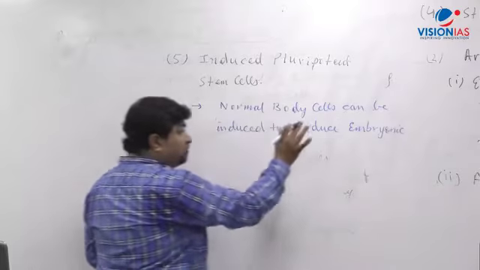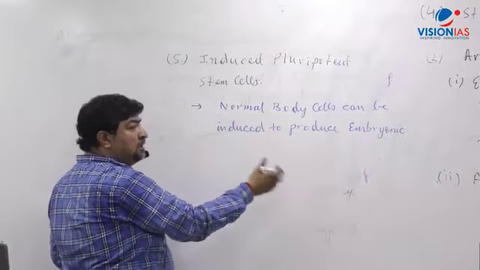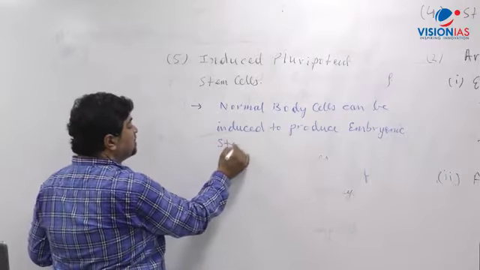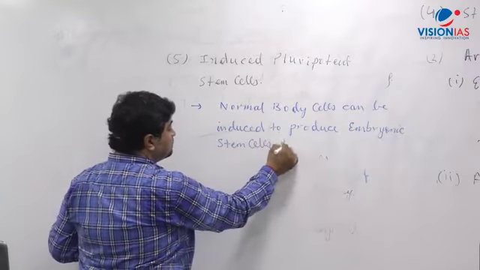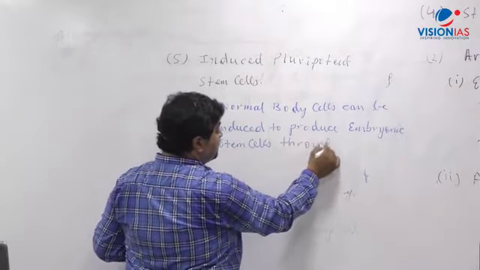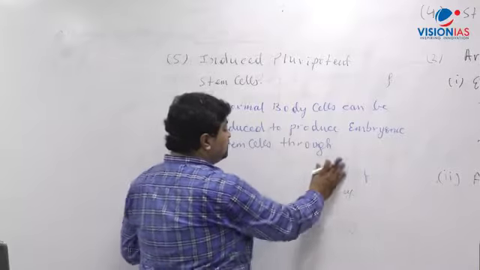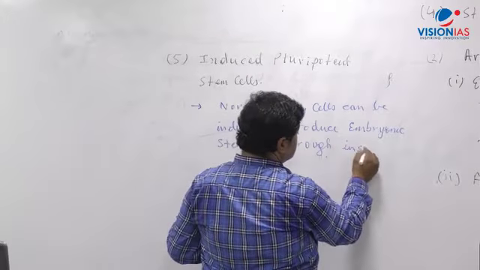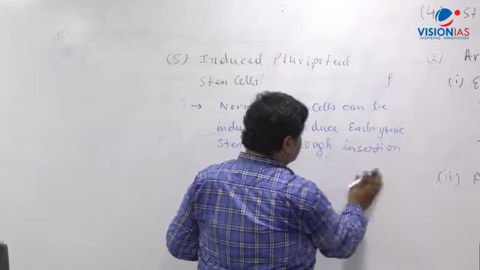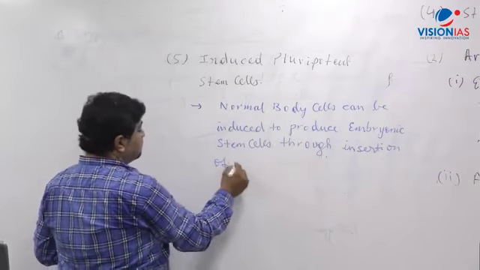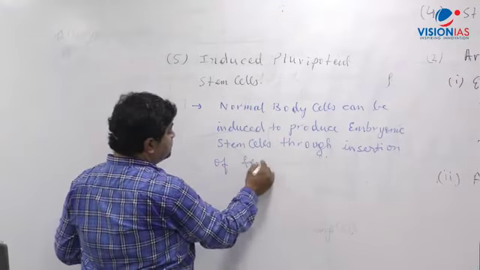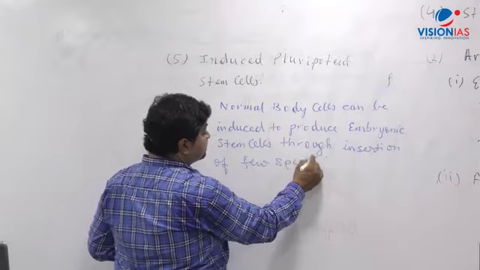Remember that they are not actually embryonic. We are inducing them to make them embryonic stem cells, through what I'm writing here. There's something called gene insertion of a few specific genes.